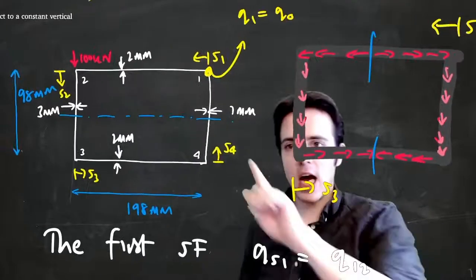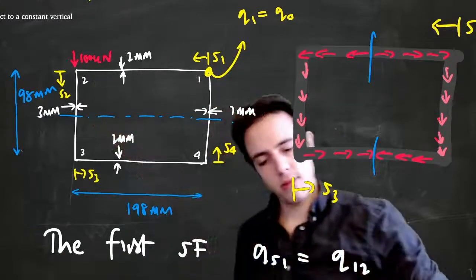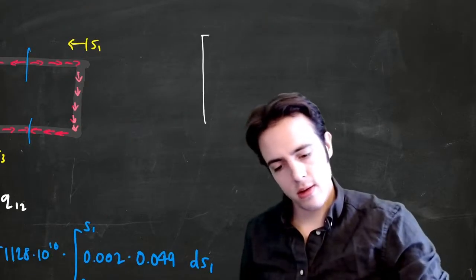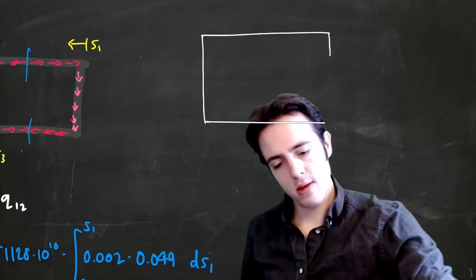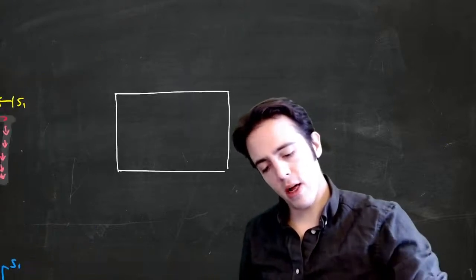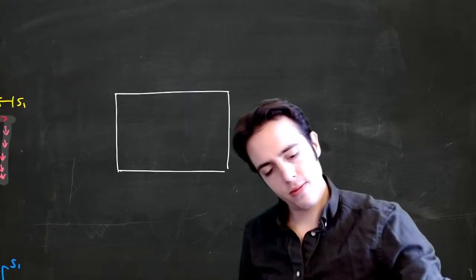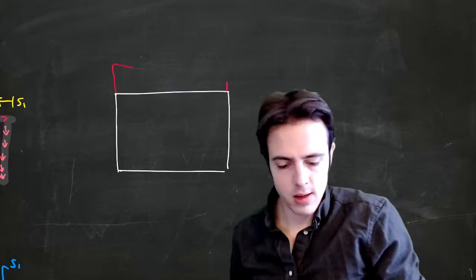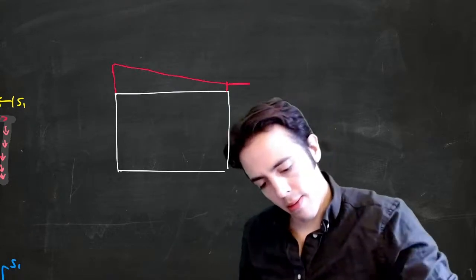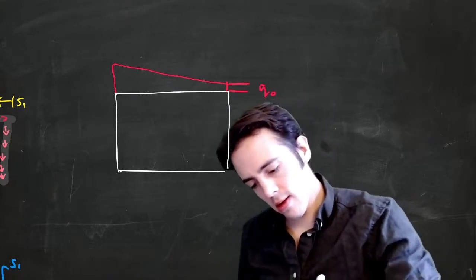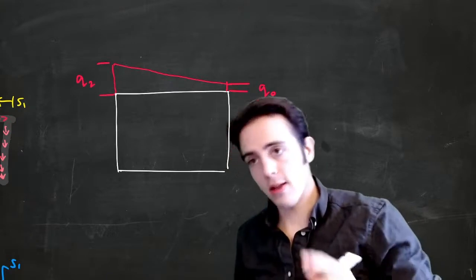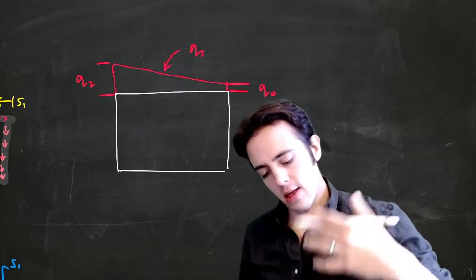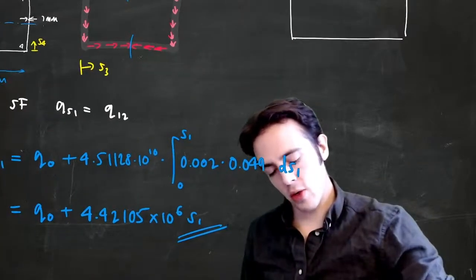So we've got shear flow along here. If we were to draw this, at the moment we've got some unknown value of Q0. For the sake of drawing it nicely, I'm going to draw this with Q0 as being positive, even though it's not. This shape along here is the shear flow distribution, and the slope of this is that number there, 4.42105.